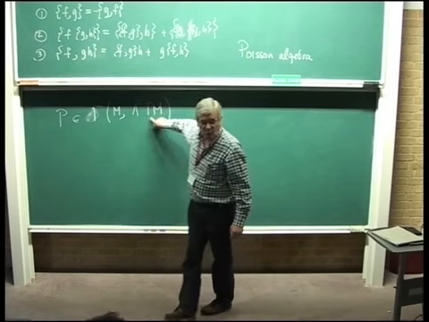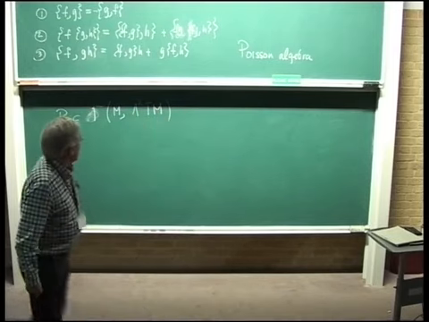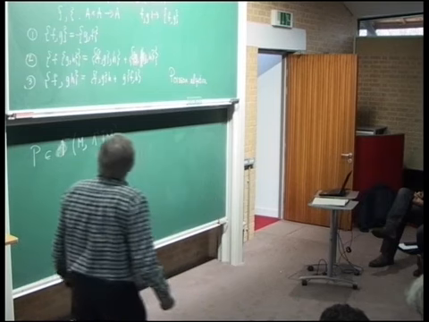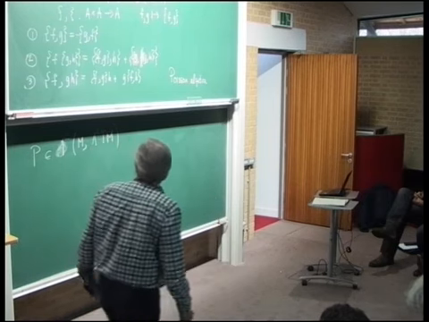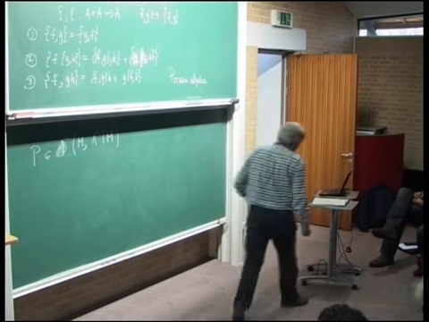I'm not talking about a two-form. I'm talking about what you'd call a two-vector field, a polyvector field.